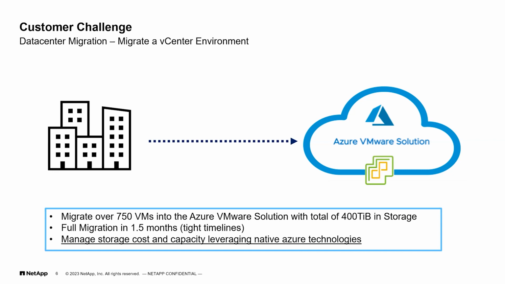So this customer had roughly 750 VMs in their on-premise environment with roughly 400 terabytes of storage. They wanted to do a full migration in 6 weeks. So really tight timelines. They did not want to go down the path of looking at third party. They wanted to stay native with Azure with all of their technology. And that's, again, ANF being a native solution, it fit the bill for them.